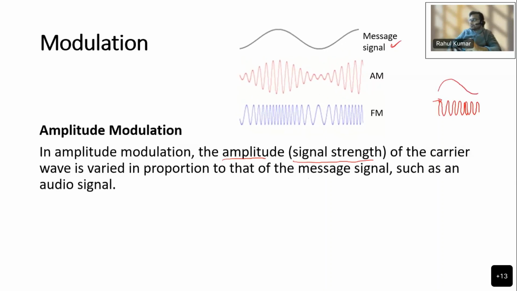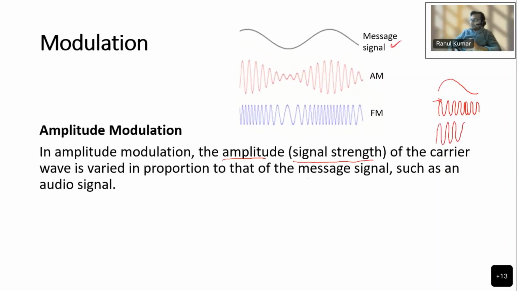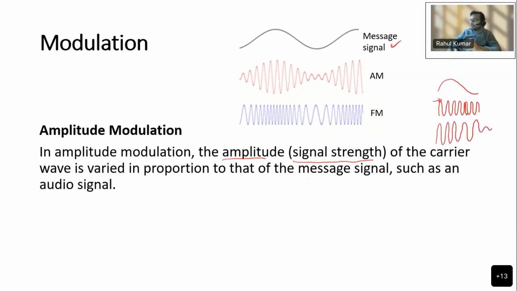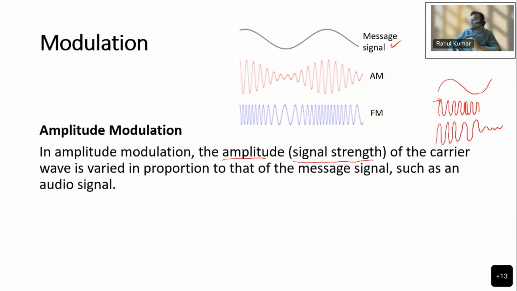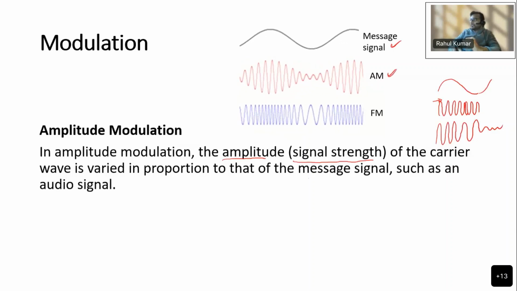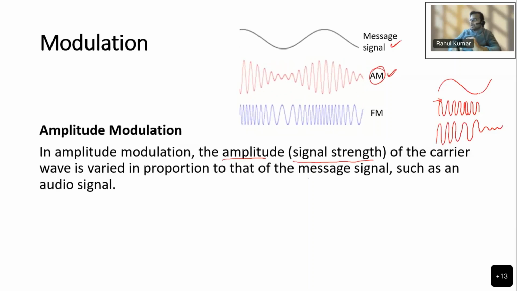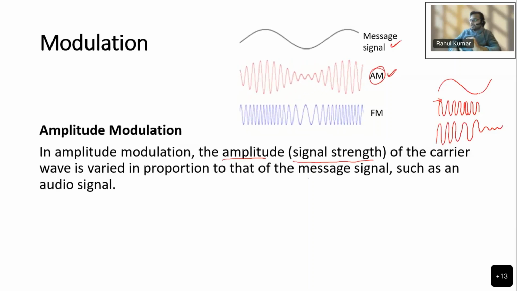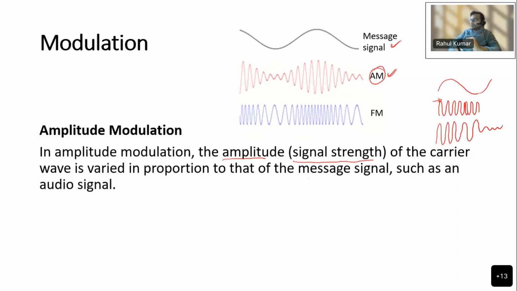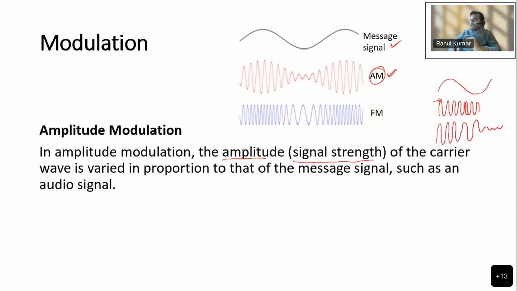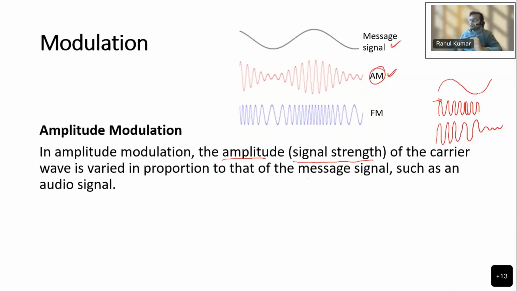You can see here how we are changing the amplitude of the carrier signal according to the message signal.